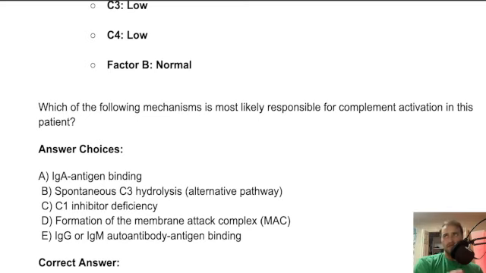C3b is the opsonin, and C3a is the anaphylatoxin. Those are hard words to say. The opsonin is going to lead to C5 and then C5b, and then you get the MAC complex from C6 to C9. That's how it all works, right? That's the flow. Now look up a diagram.